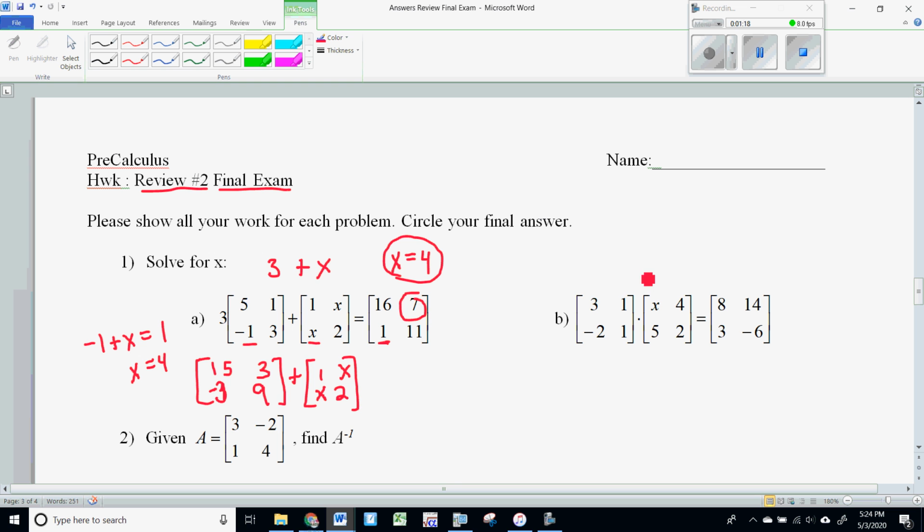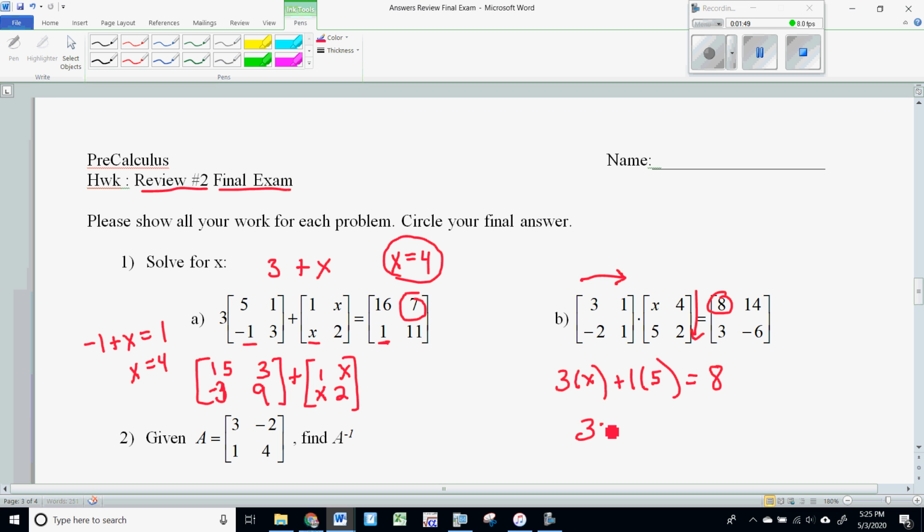Now if we look at multiplying matrices, remember we multiply across a matrix and down the column. And you can do these on a calculator, but we're going to look at this one here first. We're going to have 3 times x plus, now I go across, 1 down times 5, 1 times 5, and that has to equal that number right there, which is 8.